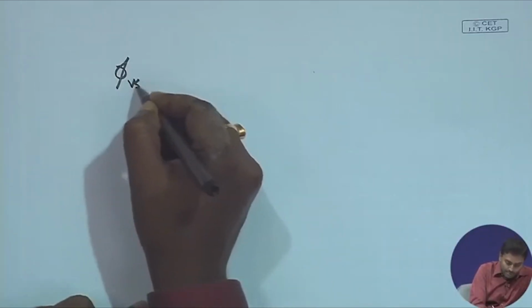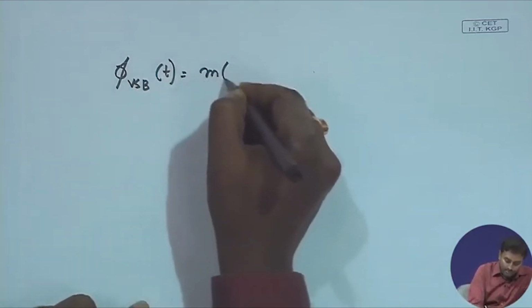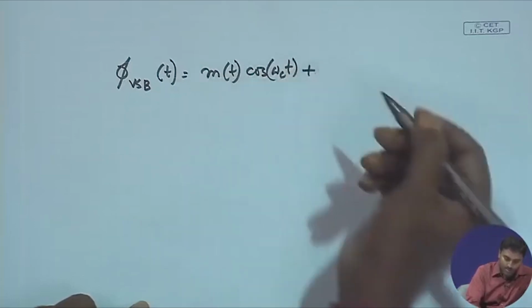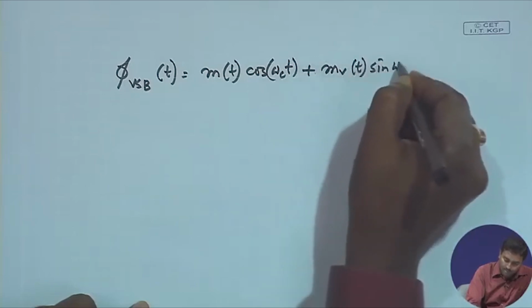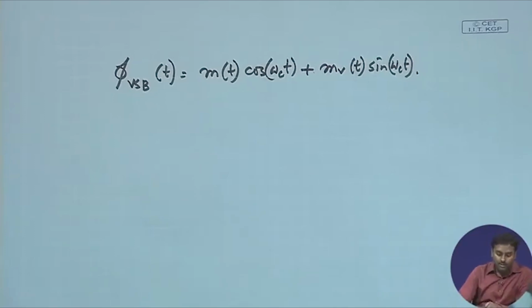So, we will say VSB(t) is nothing but some m(t) cos omega Ct, which is almost similar to an SSB signal, and some mV(t) sin omega Ct, okay. So, we are just trying to prove that there is a representation like this, okay. It is almost like we are assuming this and then trying to see whether we get something which is not contradictory, okay. So, that is what we are targeting.